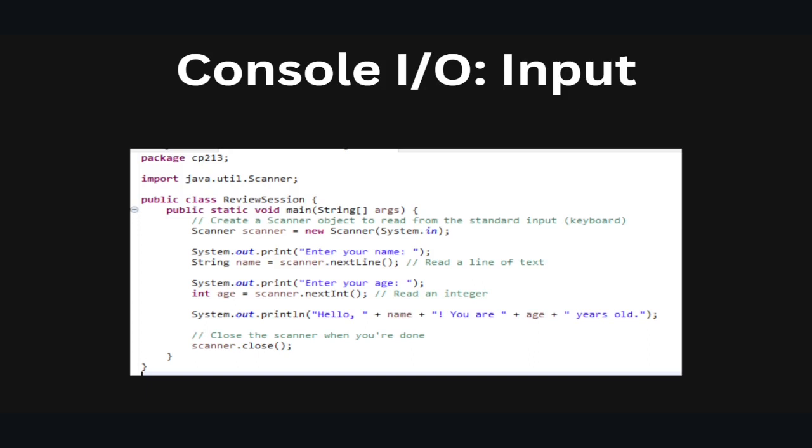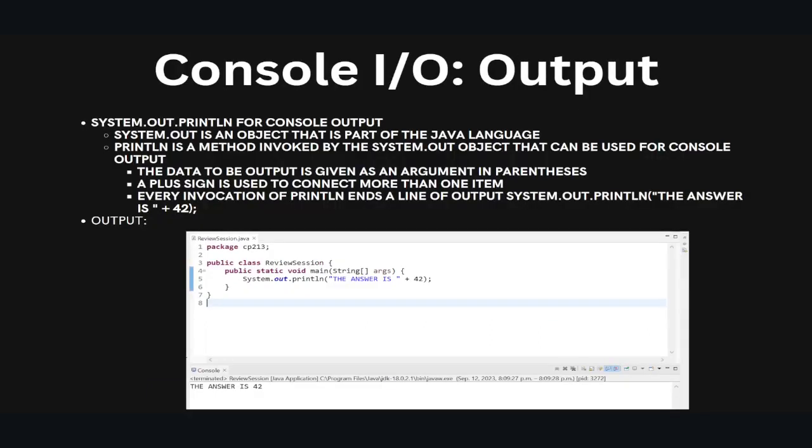Now on to console output, which was basically already shown in this slide, but we'll still cover it anyway. System.out.println is for the console output, and System.out is an object that is part of the Java language, and println is a method invoked by the System.out object that is used for console output.